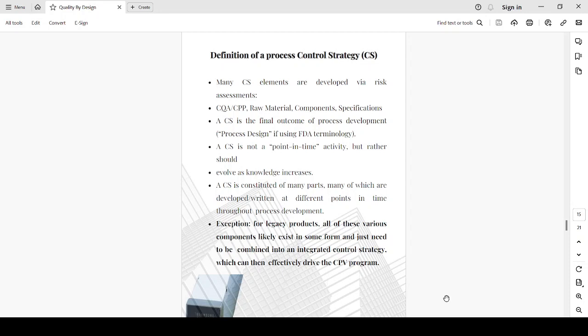It is constituted of many parts, many of which are developed and written at different points in time throughout process development. Except for legacy products, all of these various components likely exist in some form and just need to be combined into an integrated control strategy, which can then effectively drive the CPV program.